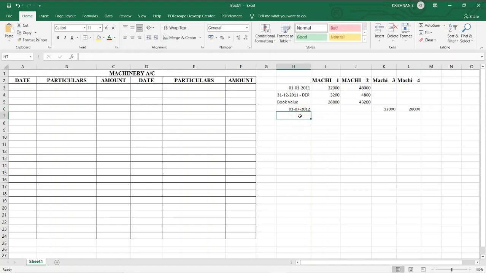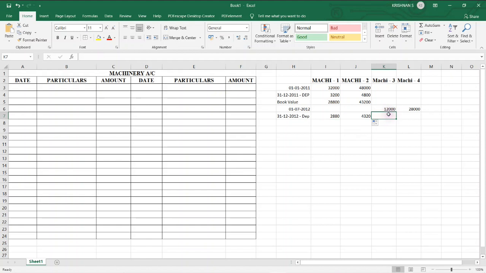Then up to 31/12/2012 there were no transactions. So on 31/12/2012 we need to provide the depreciation. For machinery 1 we have to calculate depreciation on 28,800, so equal to 28,800 into 10 divided by 100. Likewise we can calculate the depreciation for the second machinery.